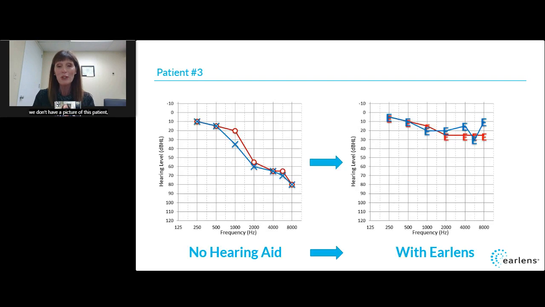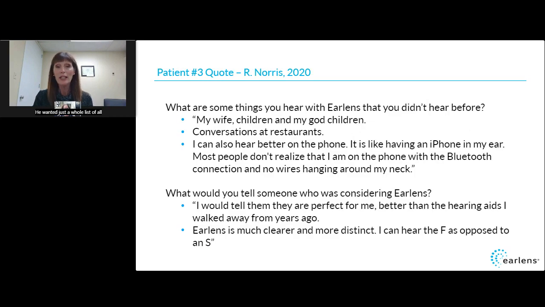Lastly, we don't have a picture of this patient, but we do have another audiogram, again, with very good results with Earlens. For this patient, he wanted just a whole list of all the reasons that Earlens made such a difference for his wife, his children, his godchildren, conversations in noise, such as a restaurant, performance with his phone, and how well he did streaming.